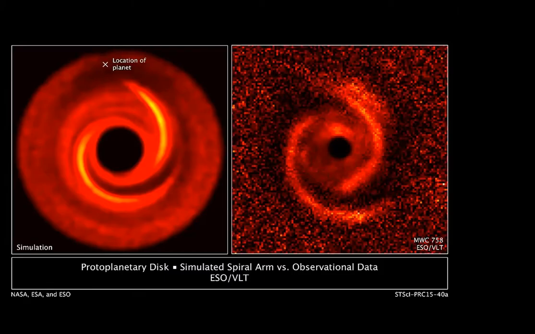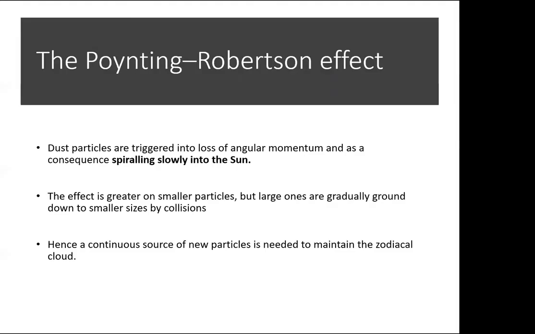So a very thick amount of dust and material going on to form planets, but also spiraling into these structures. So why do we get these spiral structures, and what's going on?